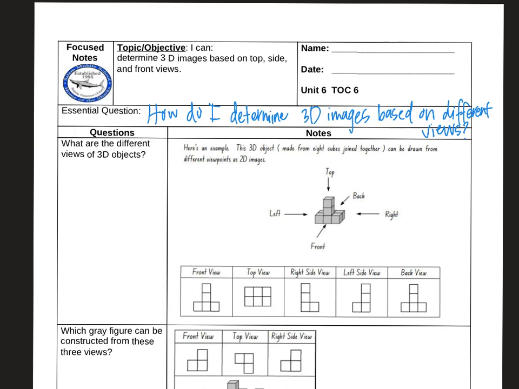So now I'm going to erase my colors, and we're going to look at a different view. Now we're going to look at it from the top. This is called a bird's eye view. When we look at it from the top, you have to imagine if you were to fly over it, what it would look like.